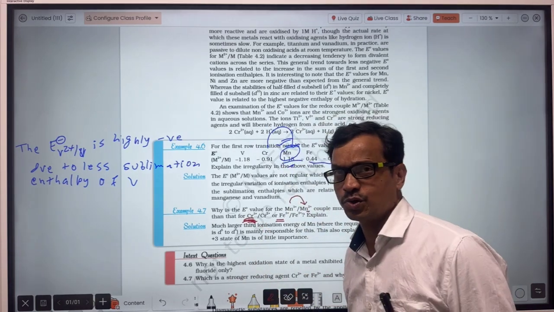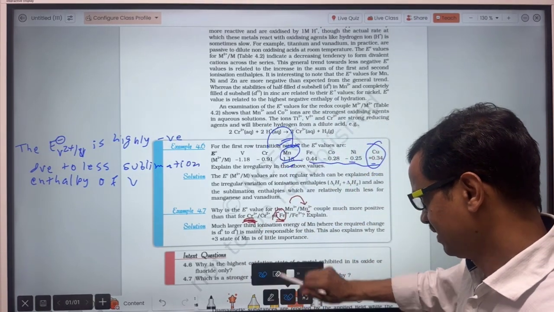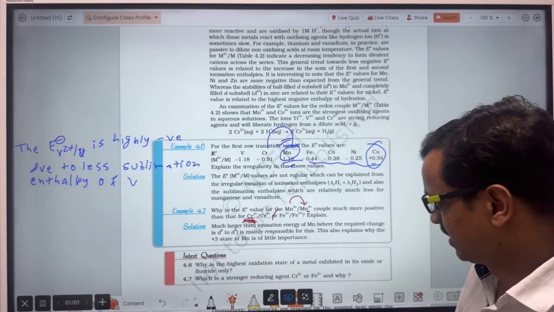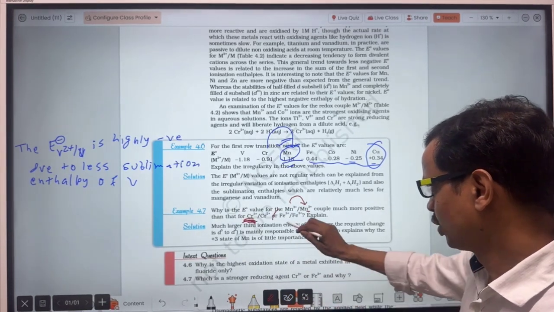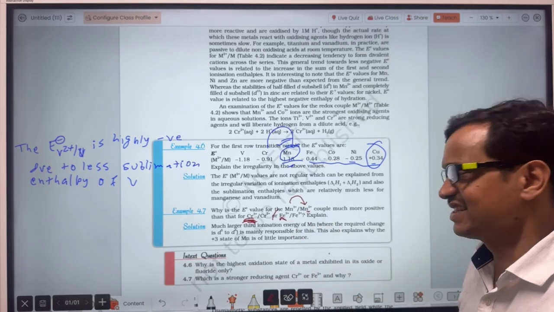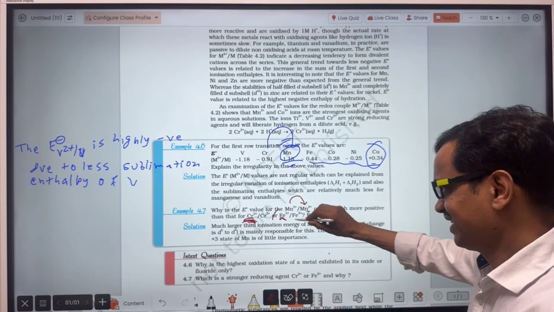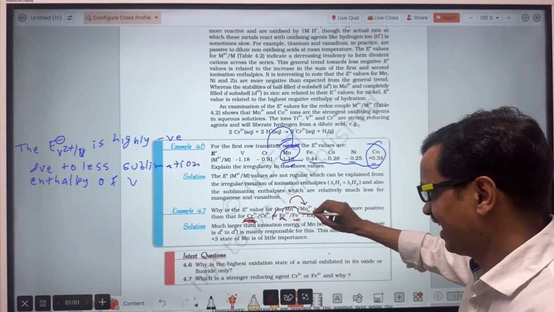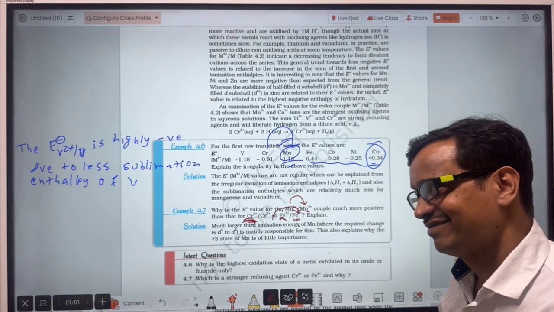Same here in the case of iron, Fe3+. In the case of Fe3+, it contains a half-filled d orbital, and Fe2+ here. So Fe3+ will have less tendency to change to Fe2+.